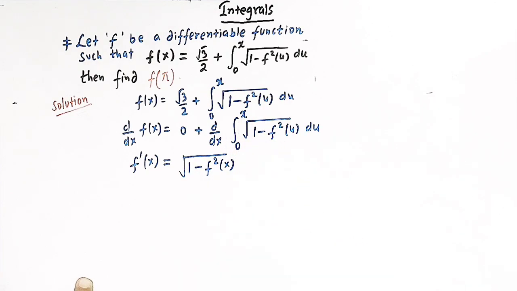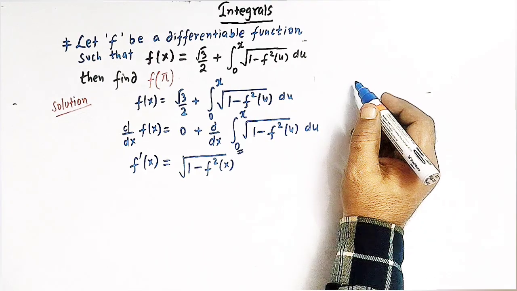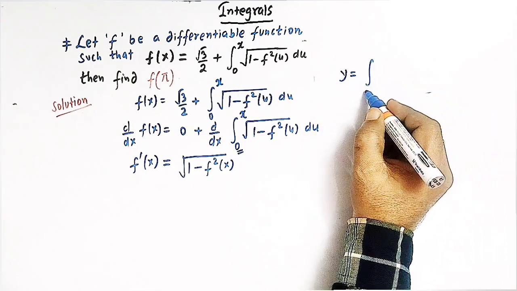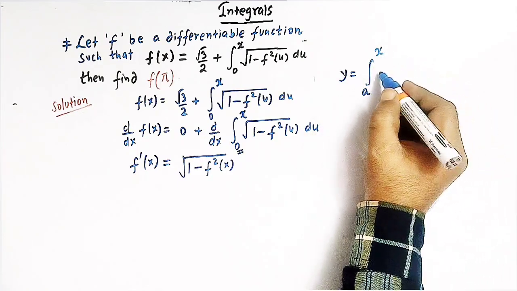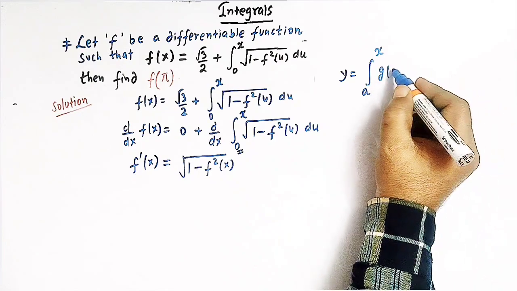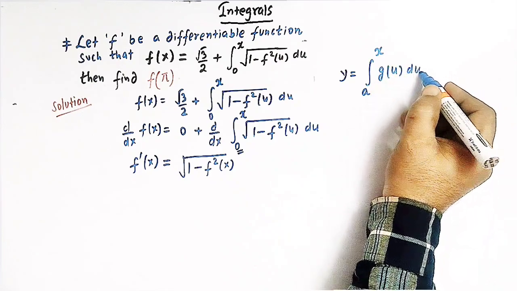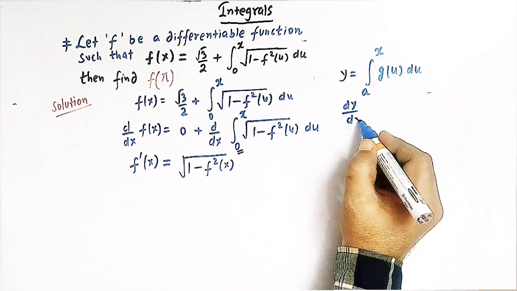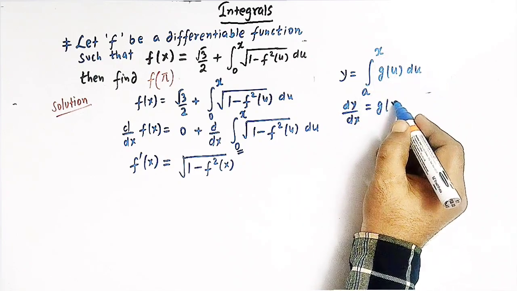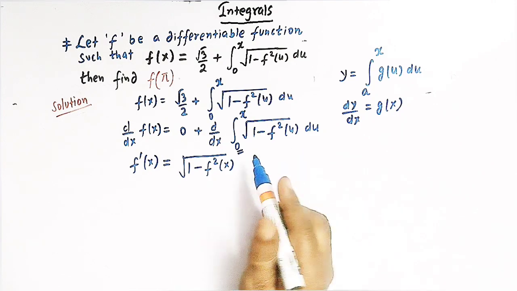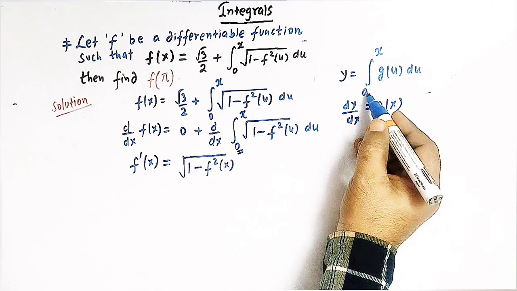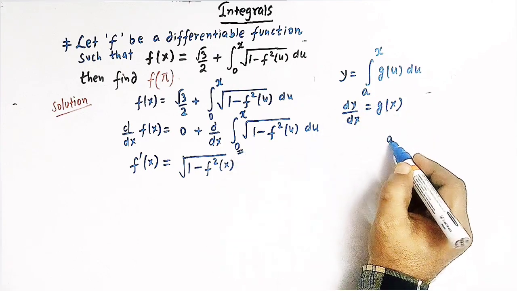So here we have used an important result from definite integrals, which says that if we have a function, say y is equal to the integral from a to x of g of u du, then the derivative of y with respect to x is simply g of x, right? So if we compare this integral with this one, then the lower limit is a is equal to 0.